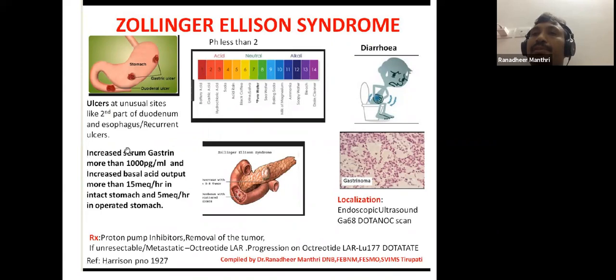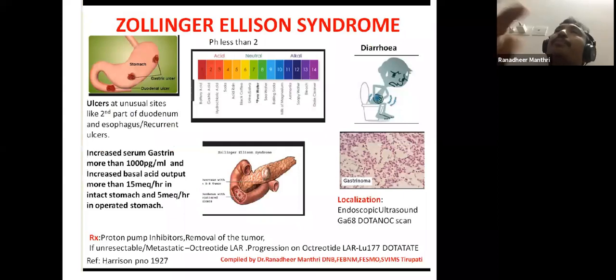Next slide, please. Yeah, Zollinger-Ellison syndrome. You will know it, it is simple. It is a part of MEN1, multiple endocrine neoplasia type 1, where you have parathyroid, pituitary, and pancreatic adenomas. In Zollinger-Ellison syndrome, the presentation will be gastric ulcers at unusual sites, a pH of less than 2, and diarrhea.